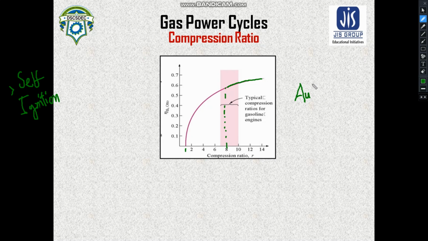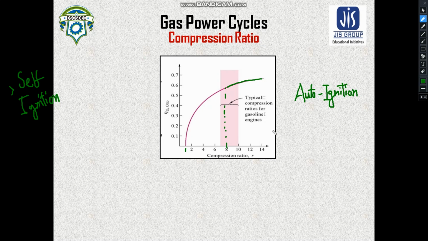Because of this premature or incomplete combustion, an audible sound is produced, and this phenomenon is called knocking or detonation. To solve the problem of knocking or detonation, we use anti-knocking agents.